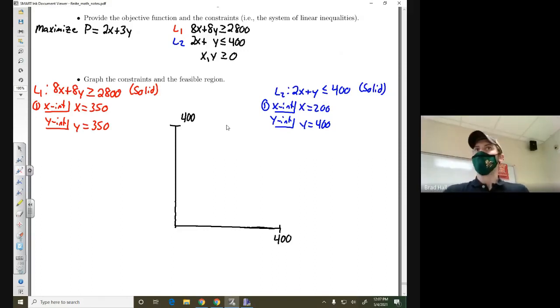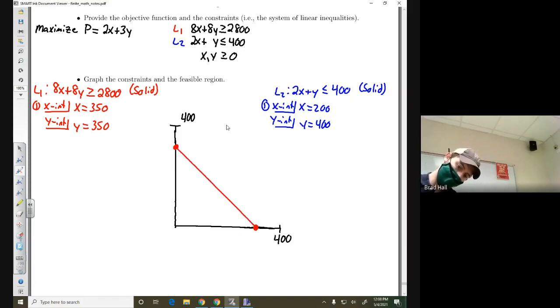Let's go ahead and plot the line. 350, kind of close to 400. In fact, just foreshadowing here, give a little bit more space. Let's do that. And we can connect those two dots and put a little label of L1 next to it.